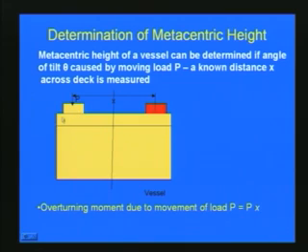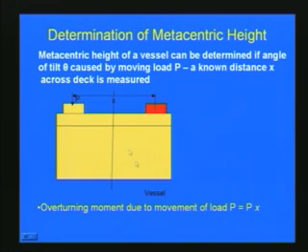So, here there is a floating body like this floating vessel, and a weight is put on one side of the vessel. We are moving this small body on the vessel from one position to another, so that a small displacement takes place, and we want to determine the metacenter height.